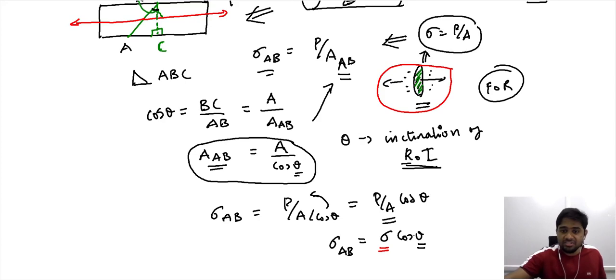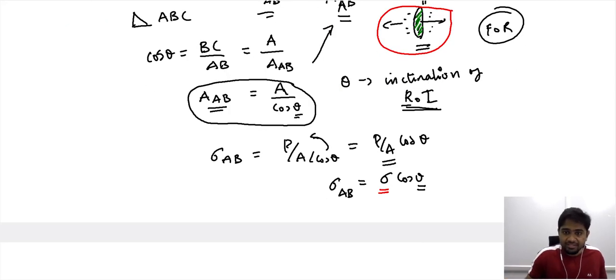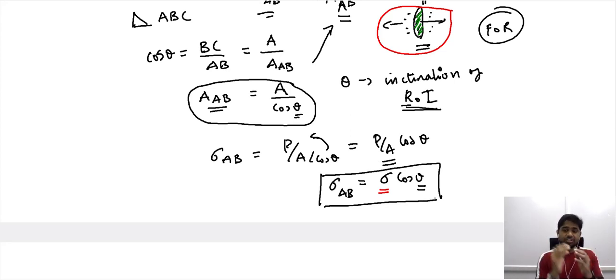So what we have essentially done is we have considered an actual tensile loading condition that is inclined, and we were able to manipulate the system in such a way that instead of treating the load as inclined, we have a region of interest that is inclined.